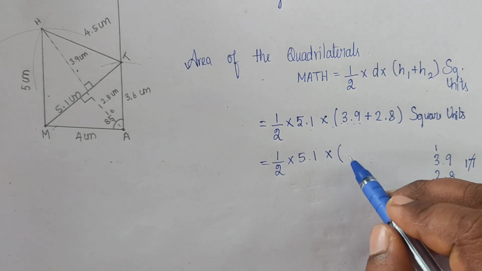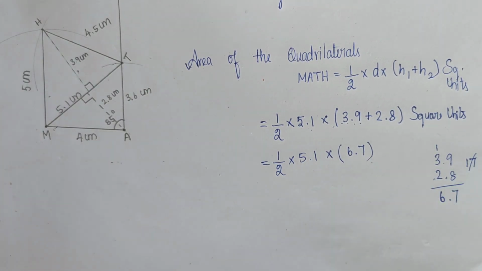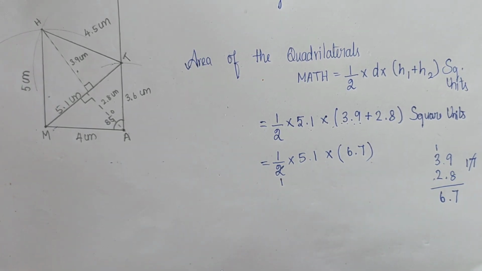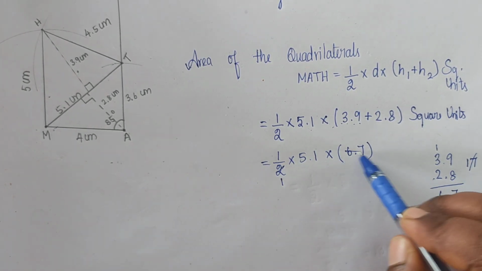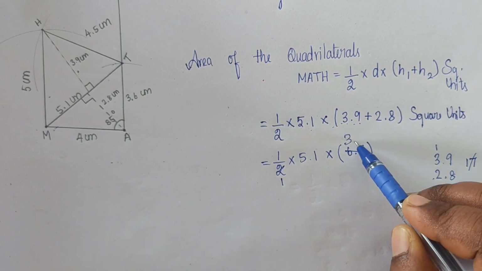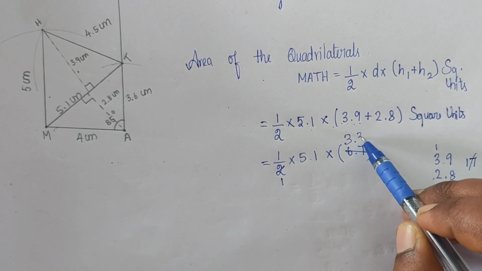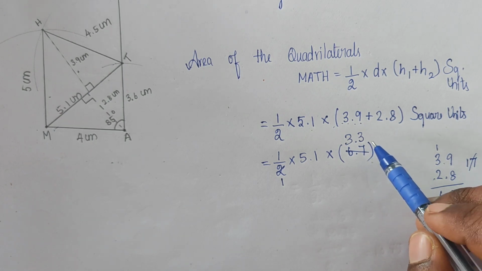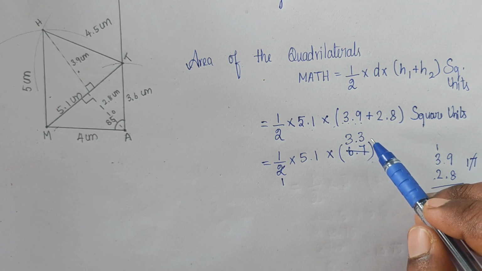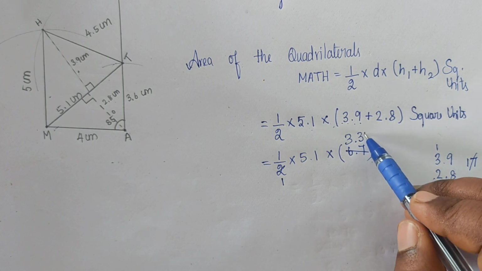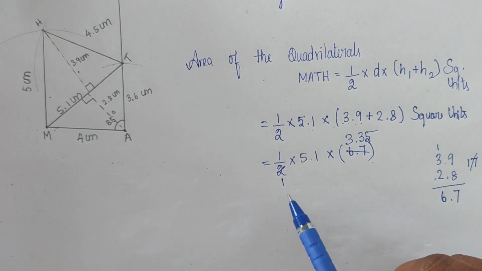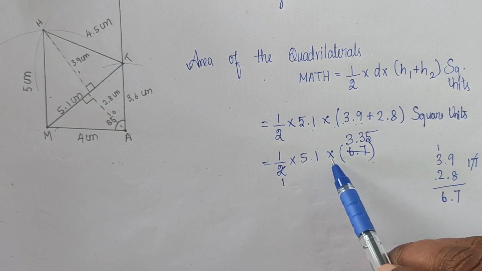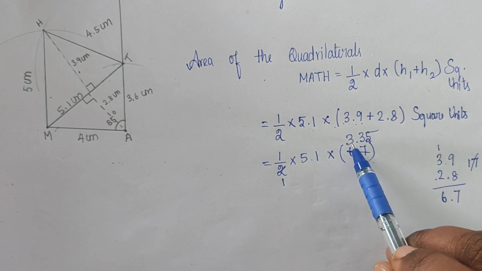Half of 6.7: 1 twos are 2, 3 twos are 6, remainder 1, add 0 and 10, 5 twos are 10. So 3.35.